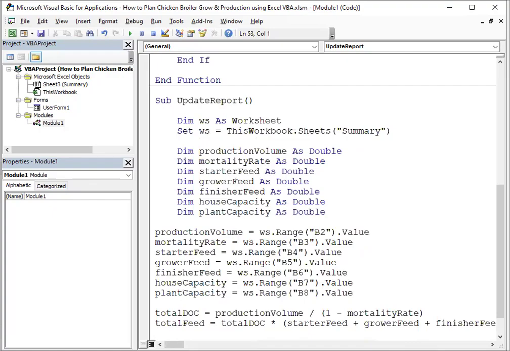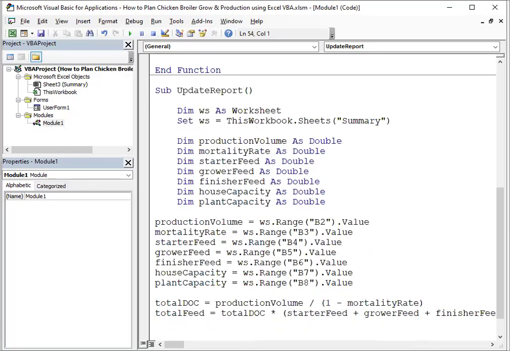Okay, then the next thing is I'm going to be doing a conditional statement to make some calculations.